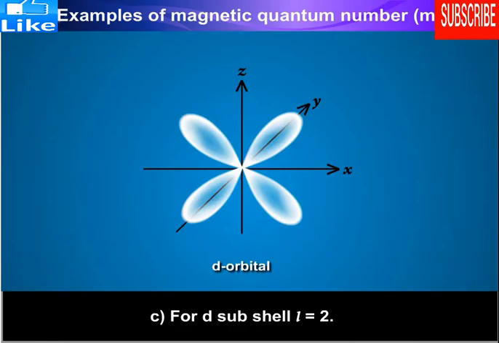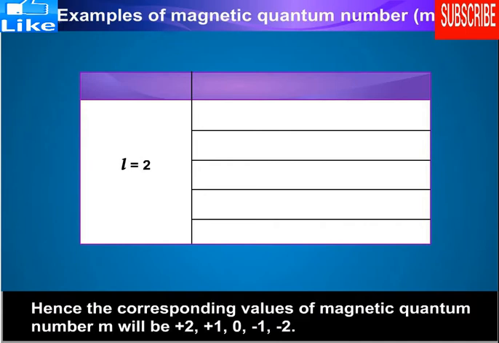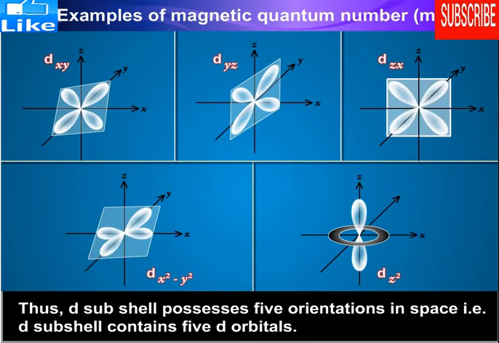For d subshell, l is equal to 2. Hence, the corresponding values of magnetic quantum number m will be +2, +1, 0, -1, -2. Thus, d subshell possesses 5 orientations in space, that is, d subshell contains 5 d-orbitals.